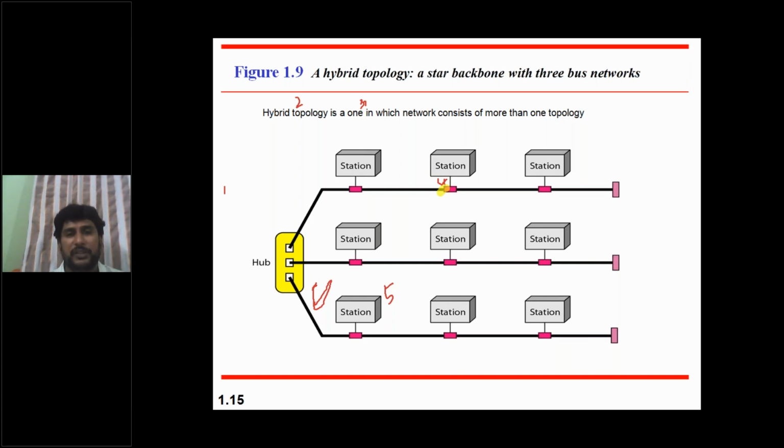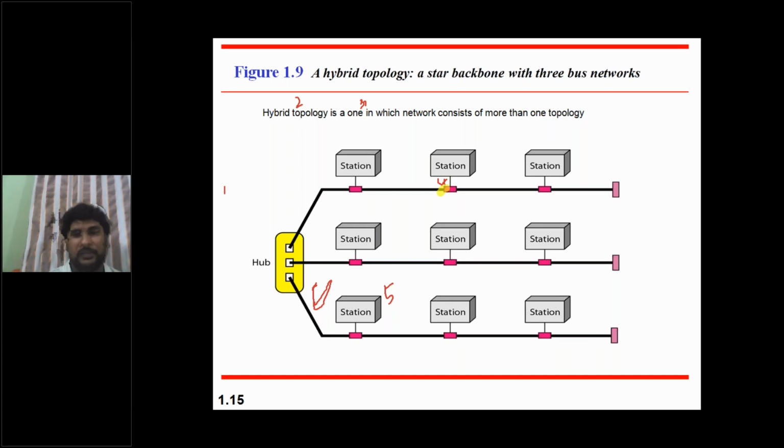Now, for instance, in this particular figure, you can find two types of topologies involved. First, a link shared by more than one station, which indicates a bus topology. Similarly, the three links are not directly connected; they are connected to a central controlling element called a hub.